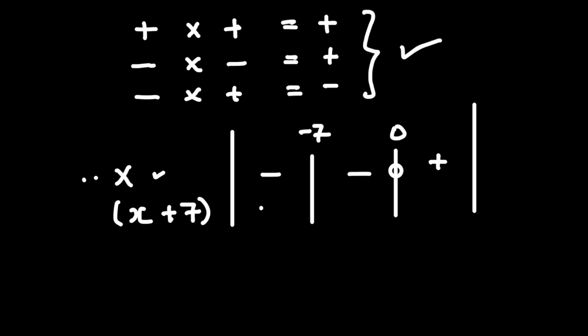Now for x plus 7, any value of x that is less than minus 7, we're still going to get a negative, right? Let's put minus 8, for example. Minus 8 plus 7 is minus 1, so hence you've got a negative value. At minus 7, that's the critical value, we get 0. Any value above minus 7 but less than 0, you're going to get a positive.